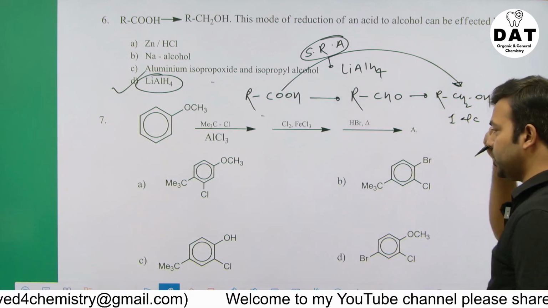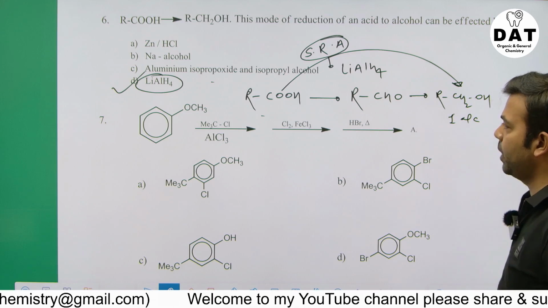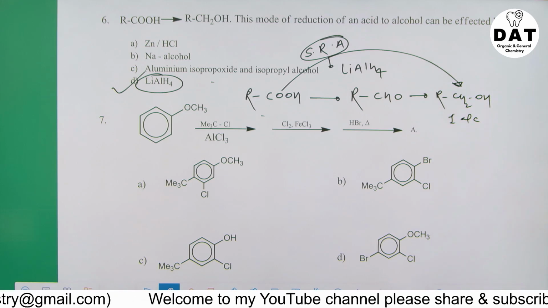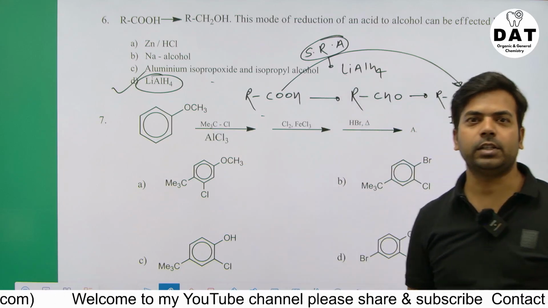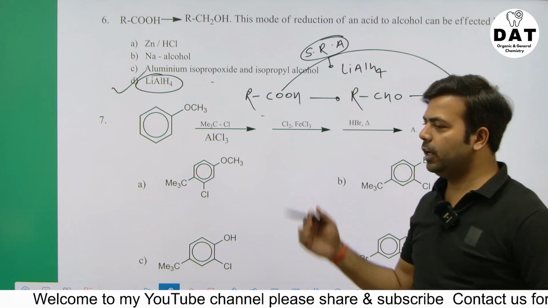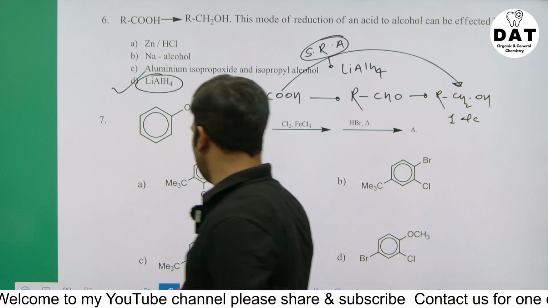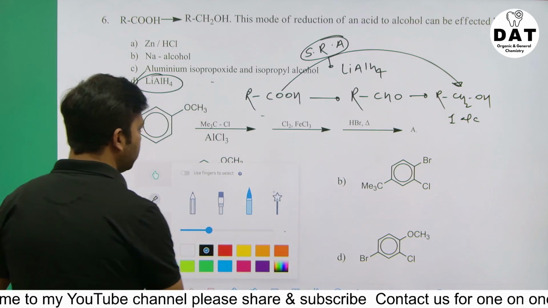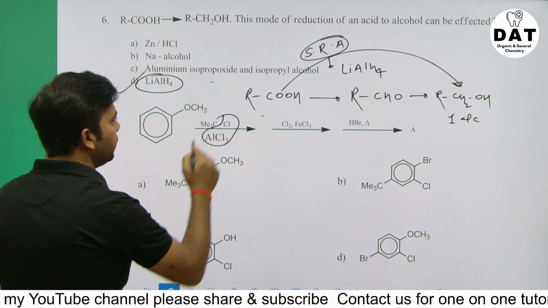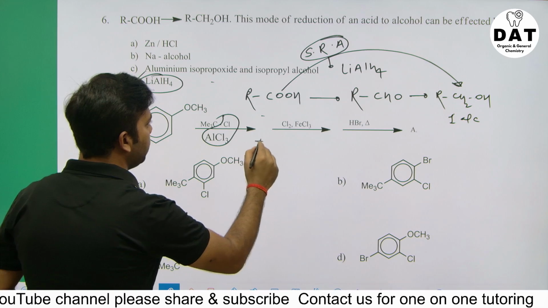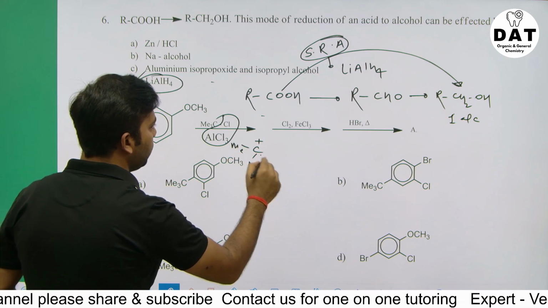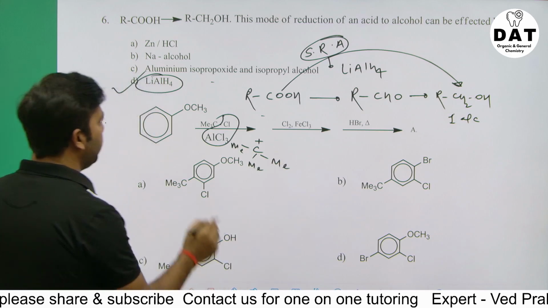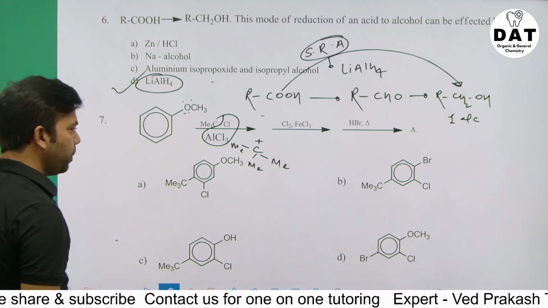Now the next question is very important. Question number 7. So the very first step here is Friedel-Crafts alkylation. We have an alkyl halide and AlCl3. So this chlorine goes out with AlCl3 like this, and you have tertiary butyl as an electrophile, and it will direct at ortho and para.